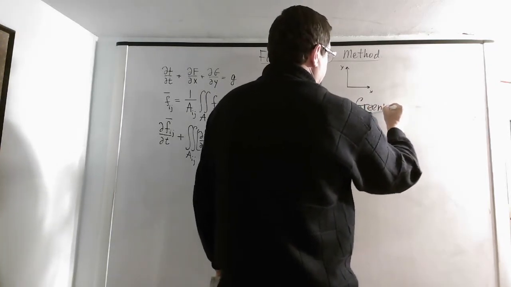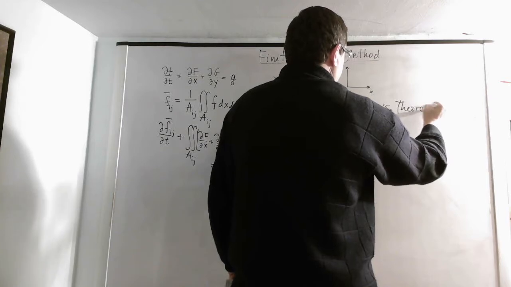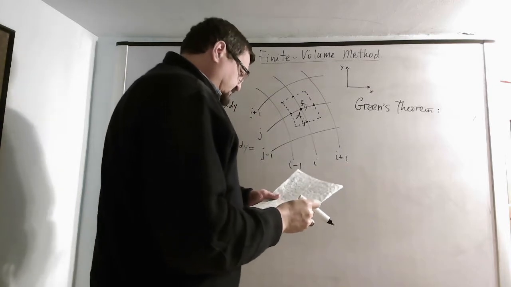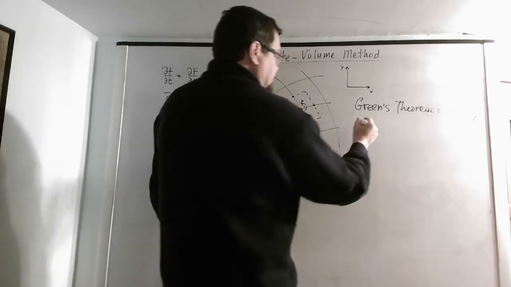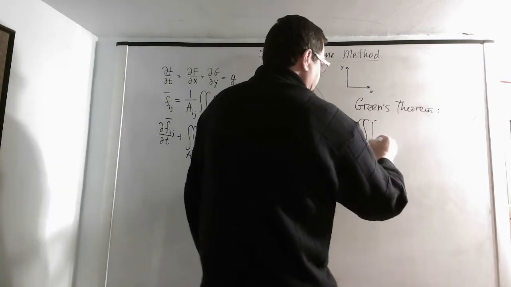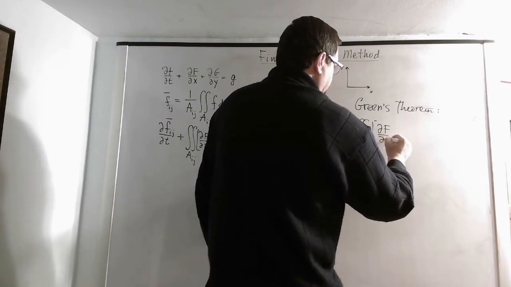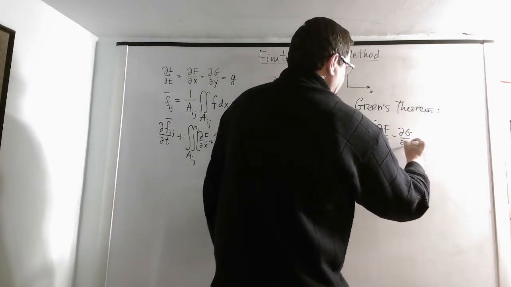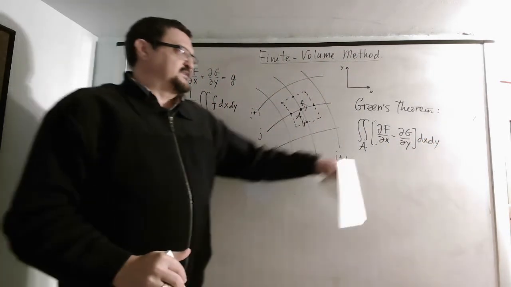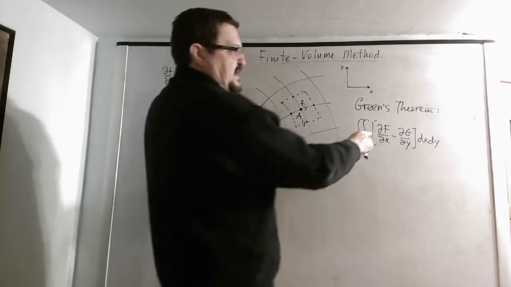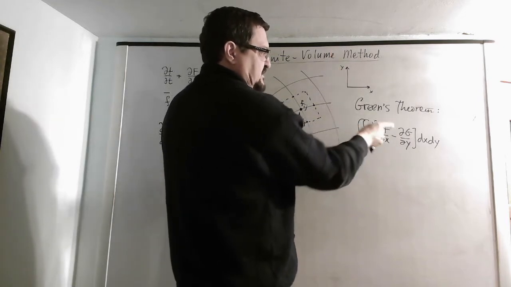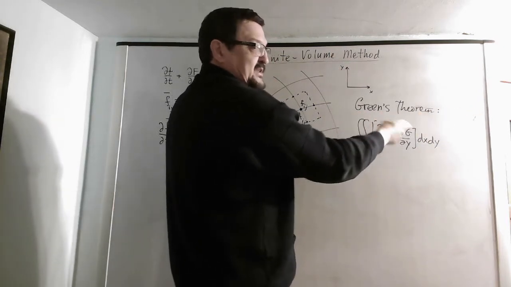The double integral over the area A of an expression like df/dx minus dg/dy, dx dy. You see this minus sign here. If f were the v velocity component in this direction and g were the u velocity component in this direction, it would be like vorticity.